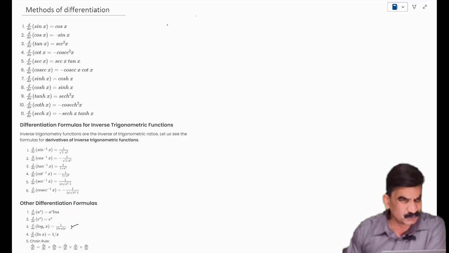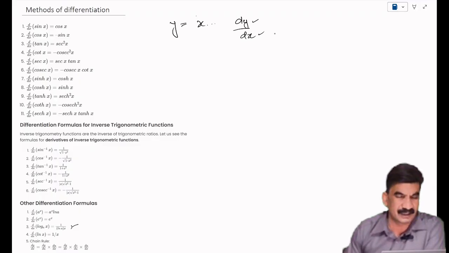So differentiation, you know that there's a function y is equal to some function, let's say x or whatever. What we do is we write dy by dx. Now, the meaning of this is: what is the change in y if I change x slightly? And this is the science of change.